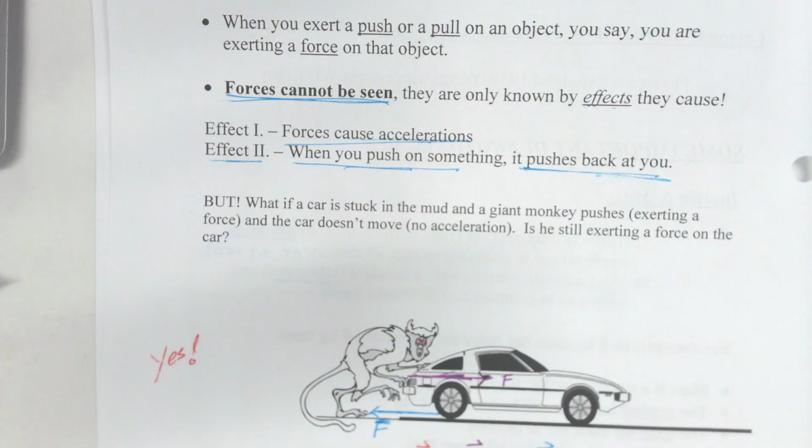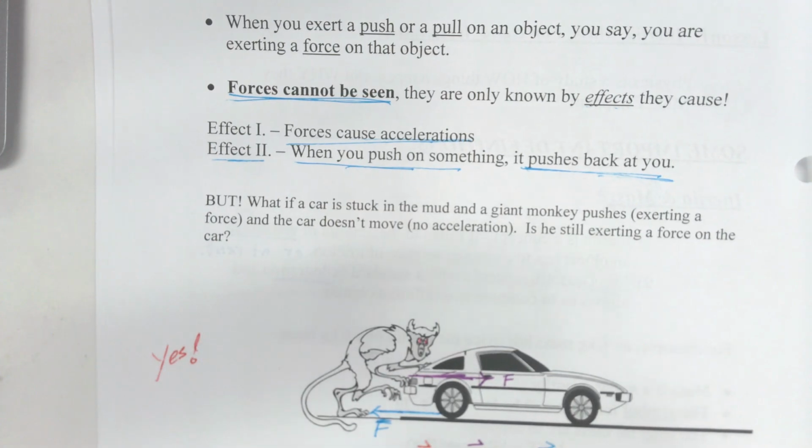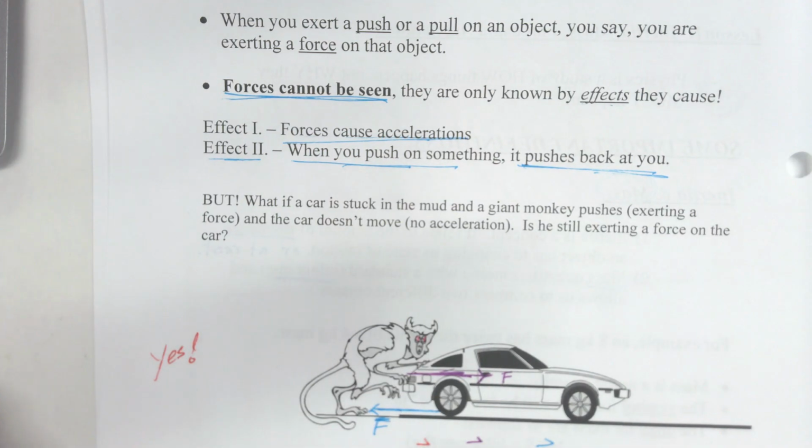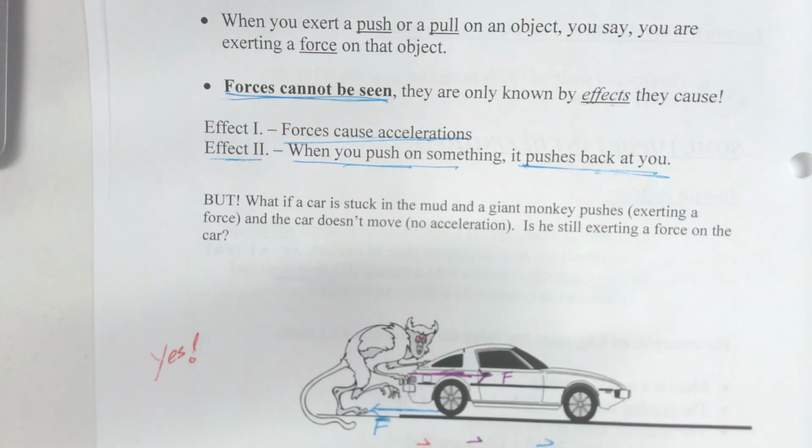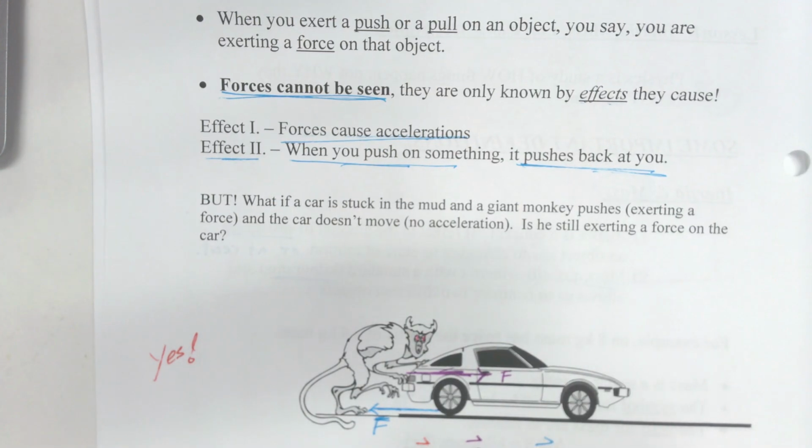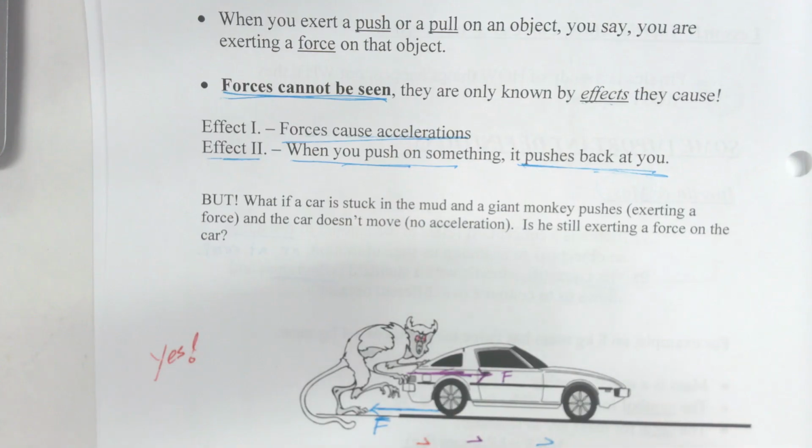Okay? So when I add them up, it looks like this force is in the opposite direction, right? So my net force, when I add them all up, the magnitude of that is simply 0. Okay?